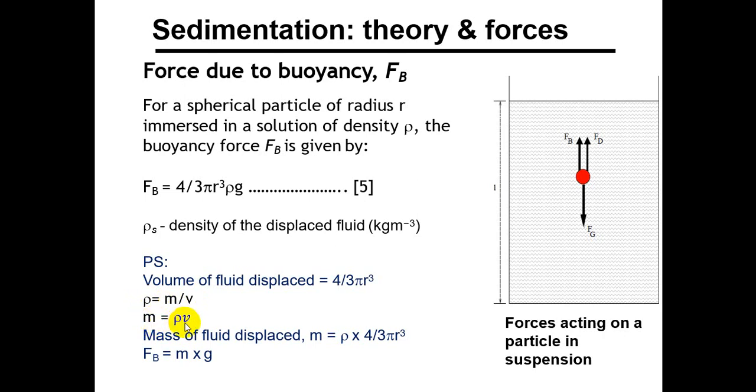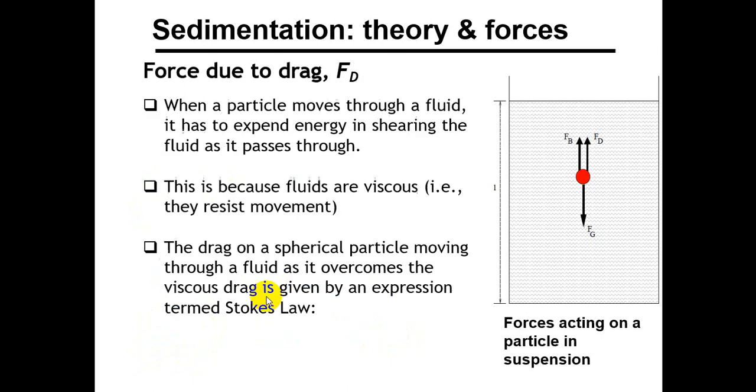We want to know the mass of fluid displaced, which is density times volume. And whenever we see volume, because it's a spherical particle, we bring in 4 over 3 pi r cubed. So for buoyancy, the force due to buoyancy is mass times acceleration. We are trying to derive the formula.